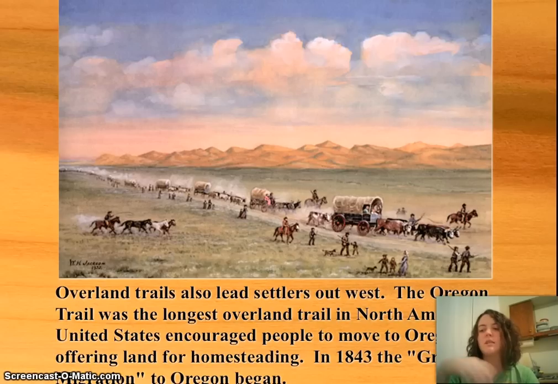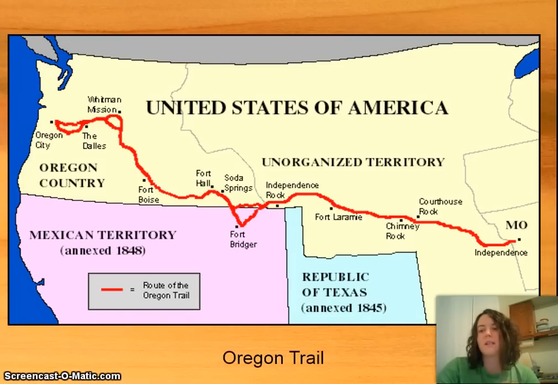And in order to do this, the families would cross the Rocky Mountains and travel about 2,000 miles through the frontier. And that was not an easy trip. In order to get west, people, and you can see here the actual Oregon Trail, but in order to convince people to make this long trek, the government would pass the Homestead Act.